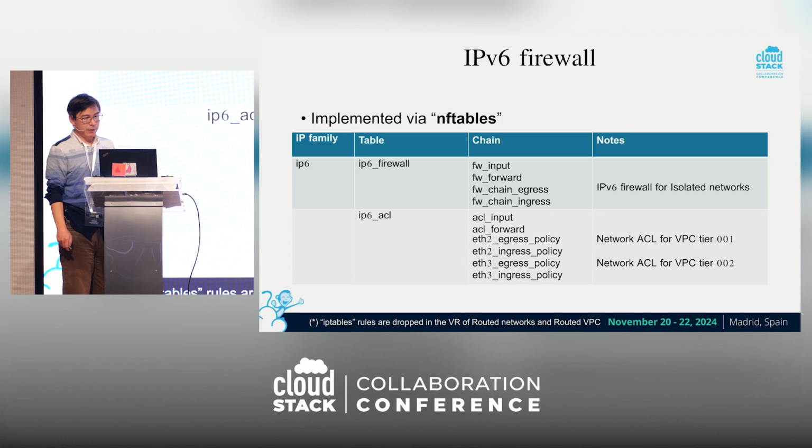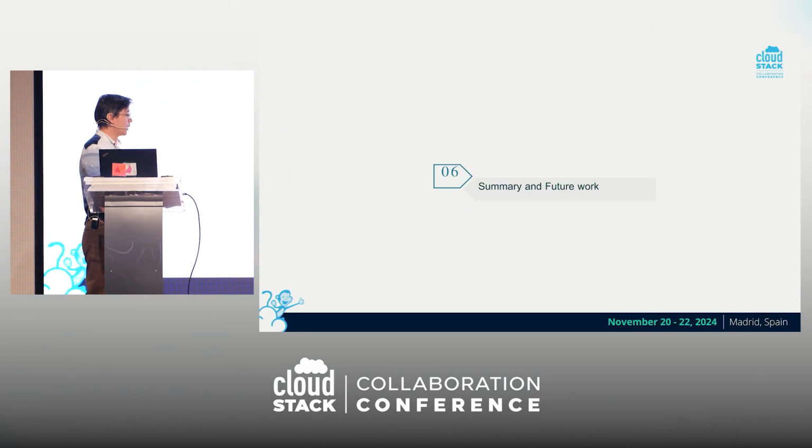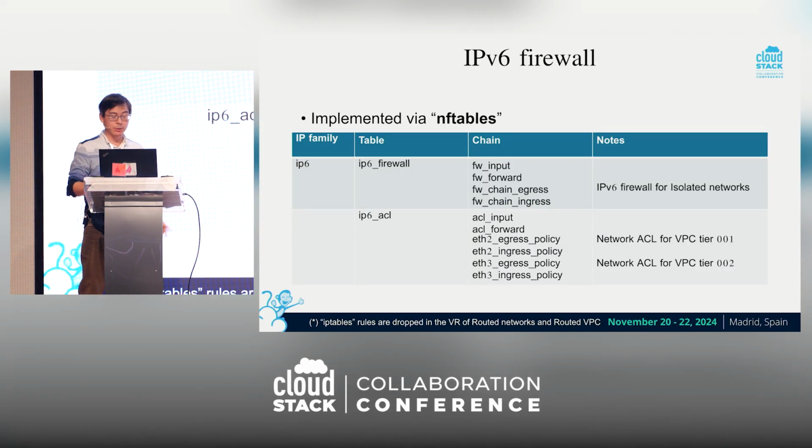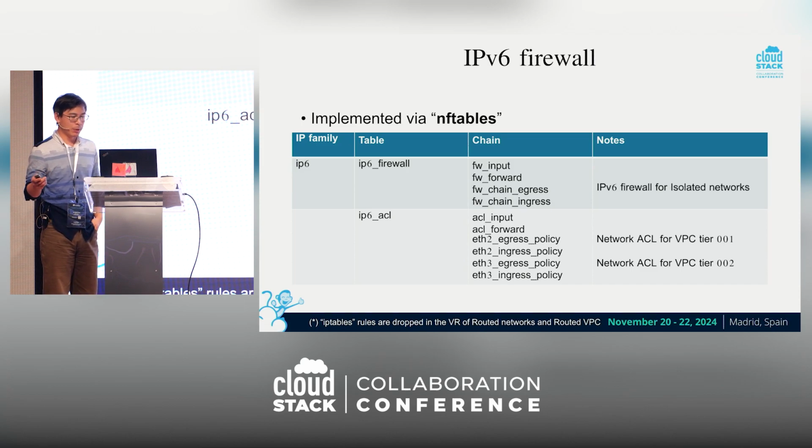The IPv6 firewall rules are also implemented by NF tables, so it's very similar. For routed networks and the routed VPC, IP tables are completely dropped. We use NF tables for all the features in routed network and routed VPC. I think probably in the future, we will also replace IP tables with NF tables for isolated networks.